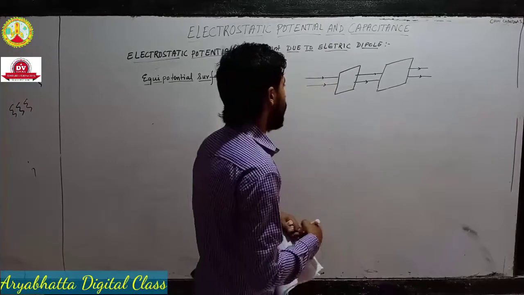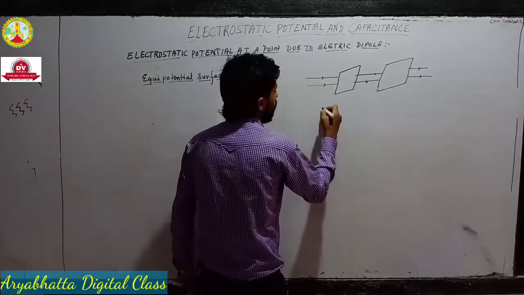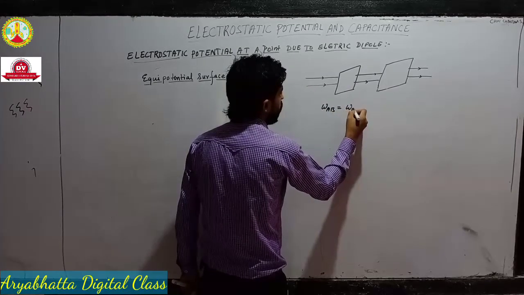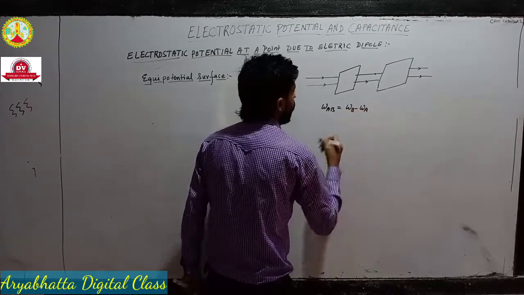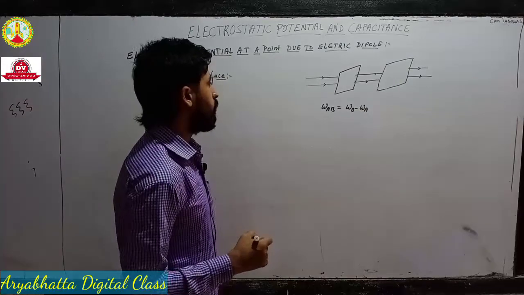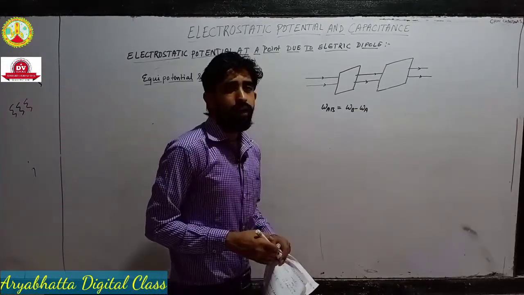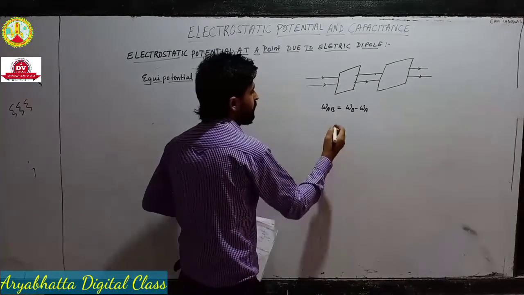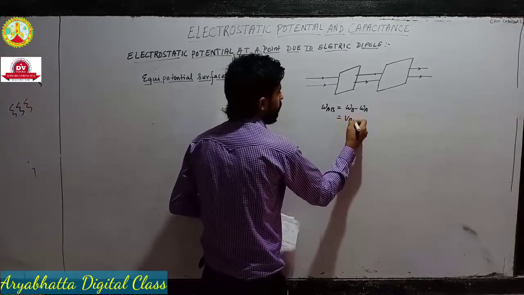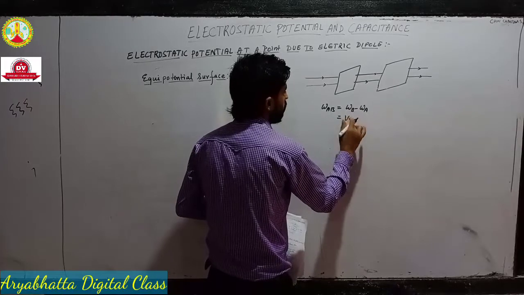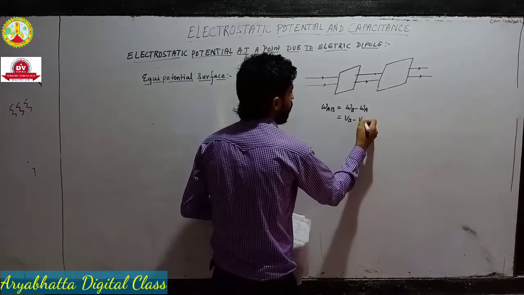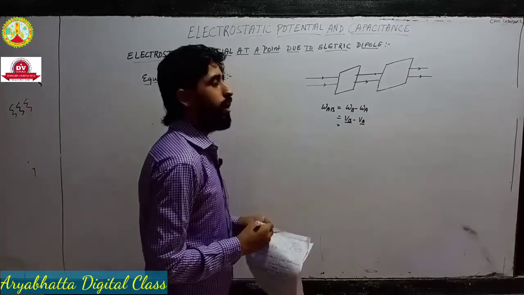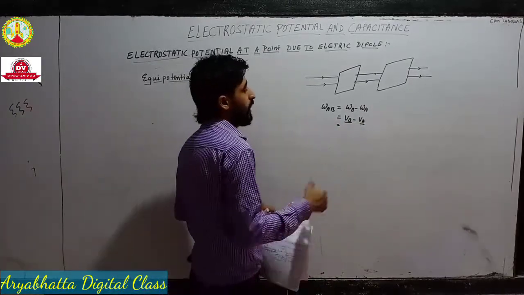Like I have shown you in the last class, WAB equals WB minus WA, and you know work done is nothing but electric potential, so I can write this as VB minus VA.